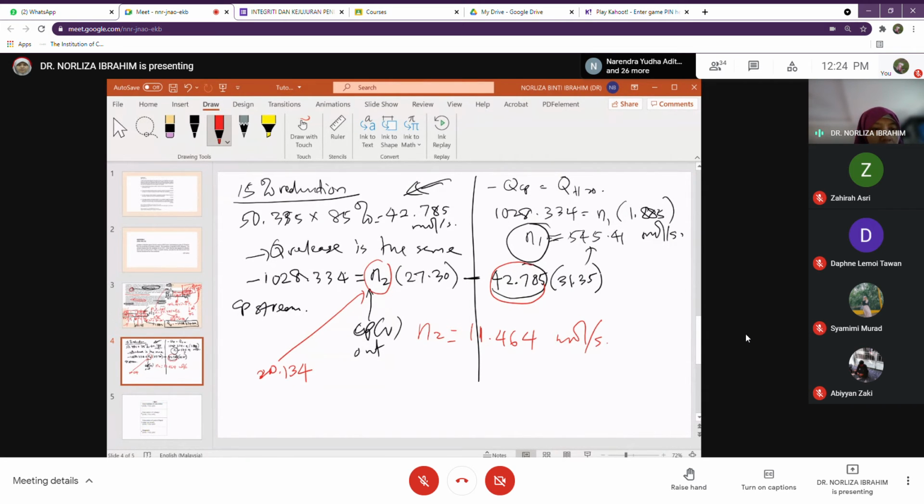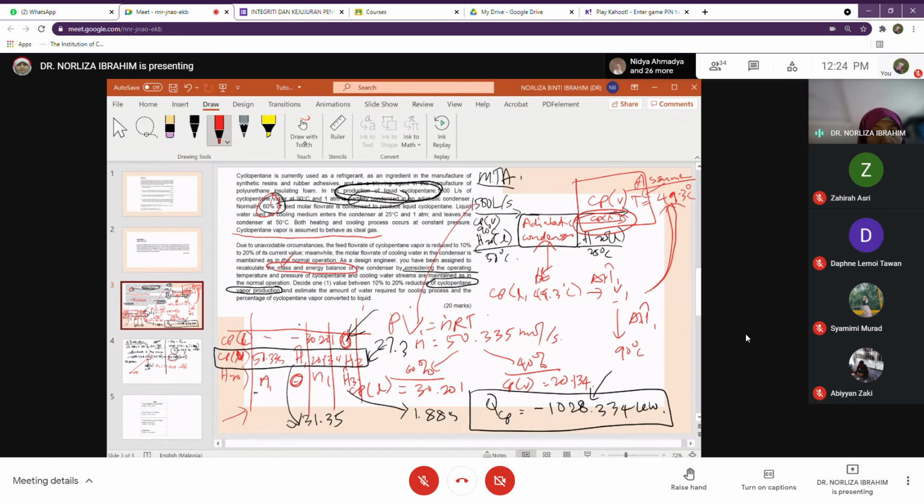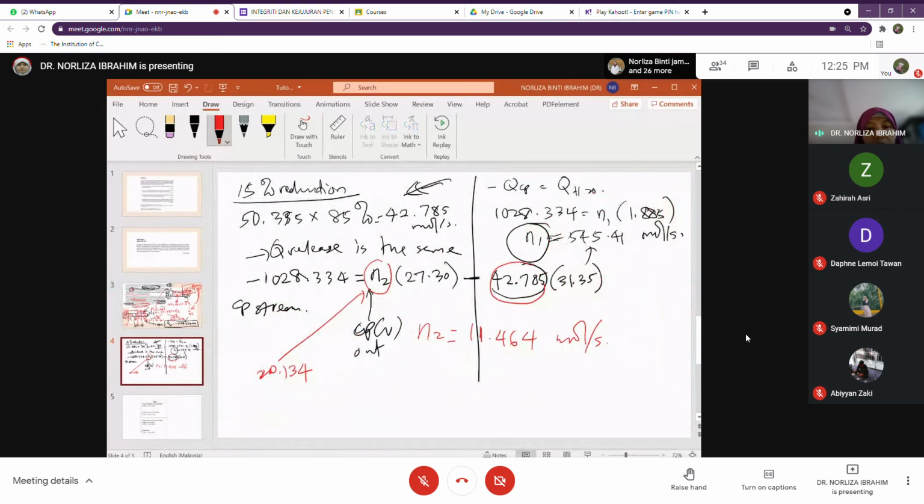So to find the new percentage of cyclopentane vapor converted to liquid, as required here, we need to assume that. The new percentage is the inlet 42.785 minus the one coming out here.